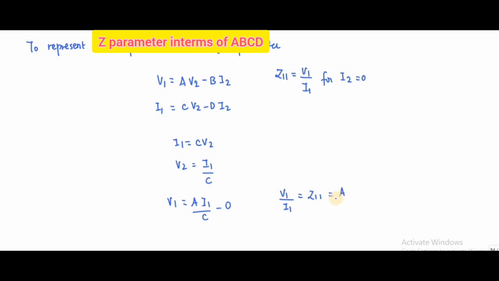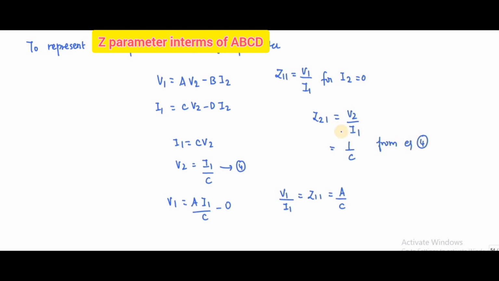Next, to find the value of Z21, that is equal to V2 by I1 for I2 is equal to 0. From the second equation, I can write I1 is equal to CV2. So what is V2 by I1? V2 by I1 is 1 divided by C. So this is for equation 4.